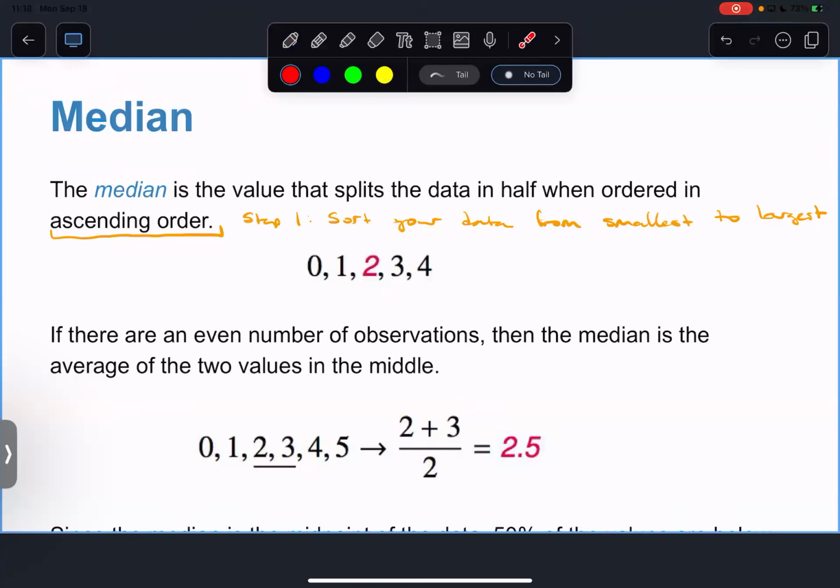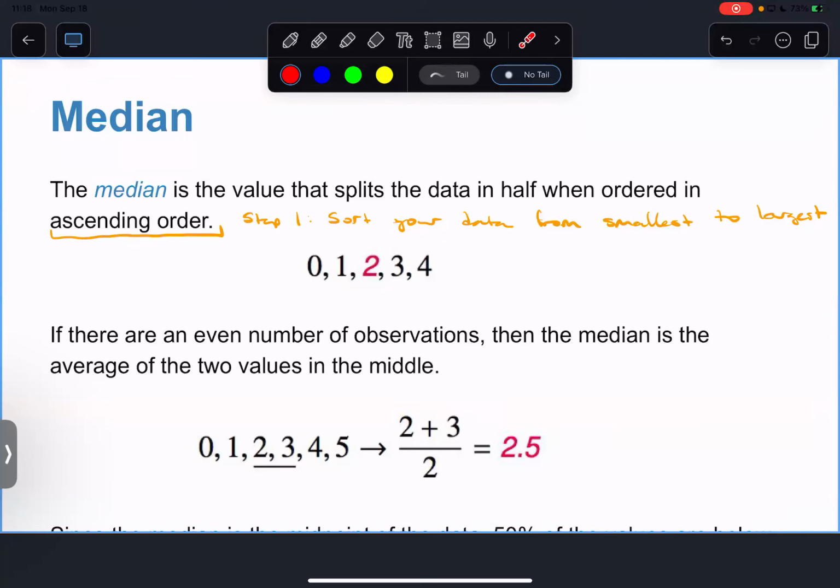So then if the median is the value that splits your data in half, once you have your data sorted, right, just like here, 0, 1, 2, 3, 4, what do we do? I like to use my patent pending boop, boop, boop method. You just take your fingers. We're only going to do this with small data sets, obviously, otherwise you'll go cross-eyed.